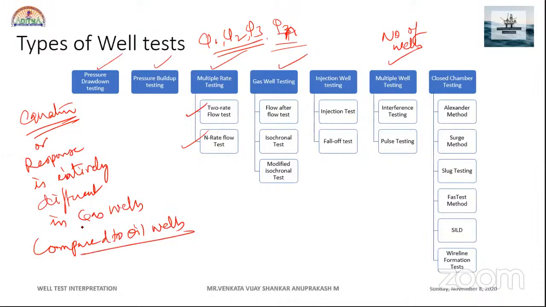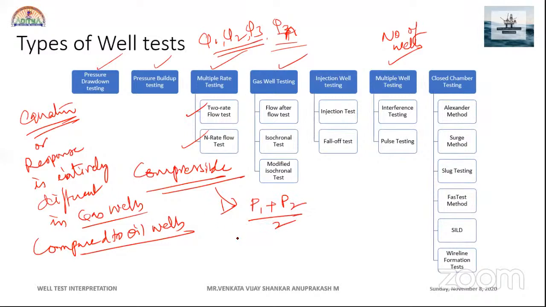The difference is that the gas is compressible. So whatever equation we are going to use, we can't use it directly. That is why two types of things are involved. One is the average pressure, and the other one is the pseudo real gas pressure.